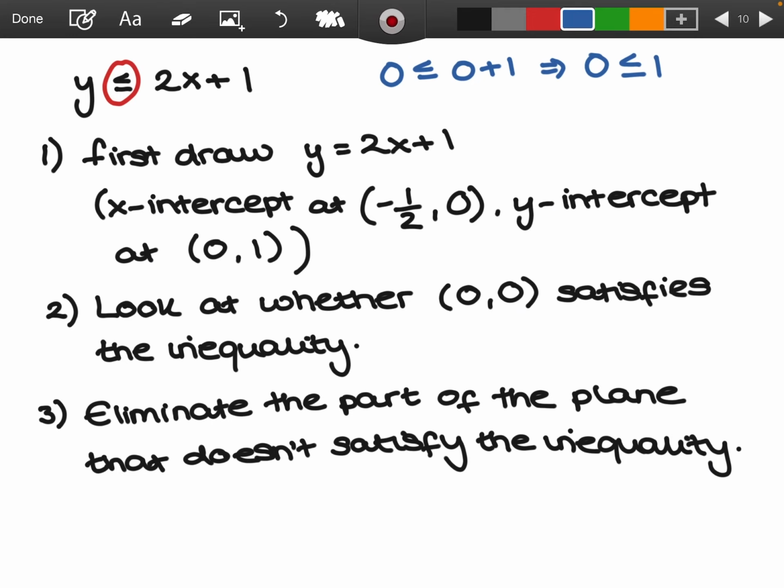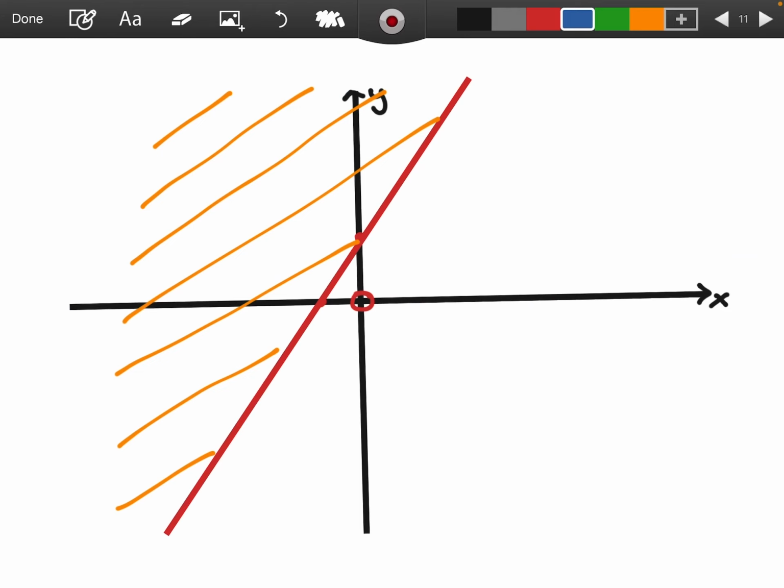You plug in that origin. If the origin satisfies the inequality, like it does here, then we know that the origin is on the side of the line that satisfies the inequality. Everything on that side of the line will satisfy the inequality. Everything on the other side will not.